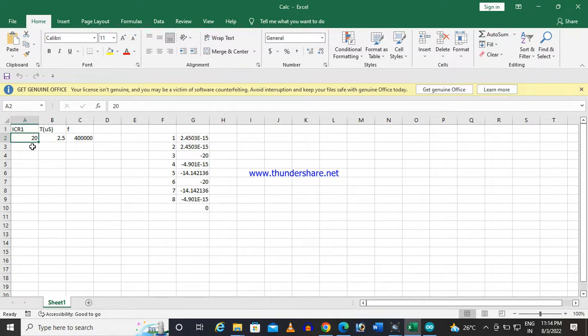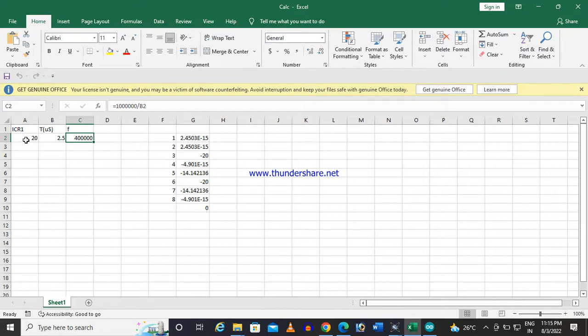Let us take an arbitrary ICR value of 20. The system clock is 16 megahertz. 16 divided by 2 is 8 megahertz, divided by prescaler 1 is again 8 megahertz, divided by the top value of 20. This gives the frequency, and 10 to the power 6 divided by that value gives the time period, and the inverse of that gives the frequency.